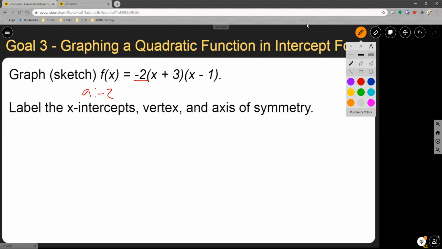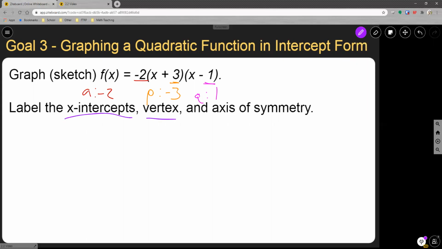Next one after that is my p-value. If I've got a positive 3 in here, remember the p-value is always flipped. So p is -3. And then my q-value, if I've got a -1 there, that means my q-value is +1. So I've already got 3 pieces of information. And what we want to do is find the x-intercepts, the vertex, and the axis of symmetry.